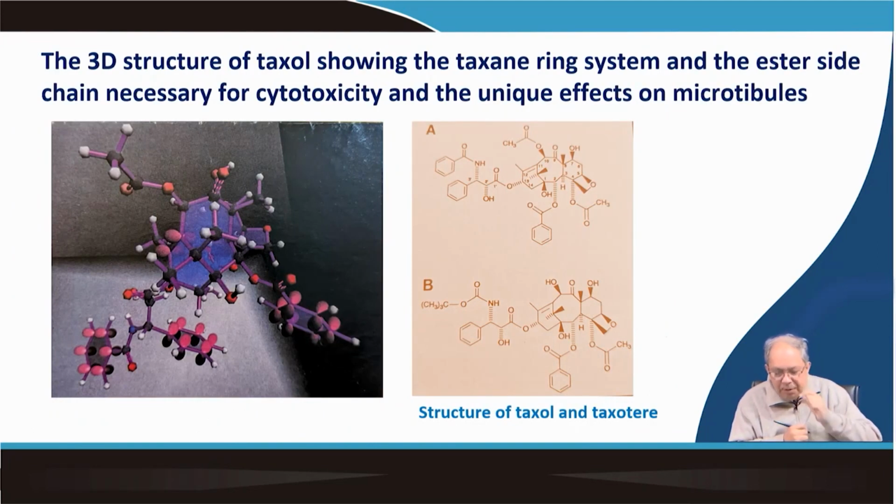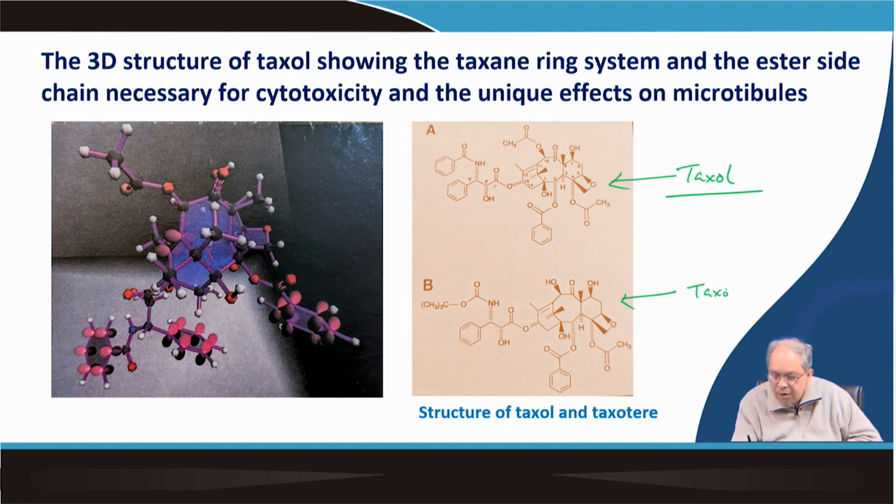Okay. And so, this is basically the structure of taxol. You see how complex the molecule is. So, it is basically again a terpene derivative, and this is the taxotere. Okay.